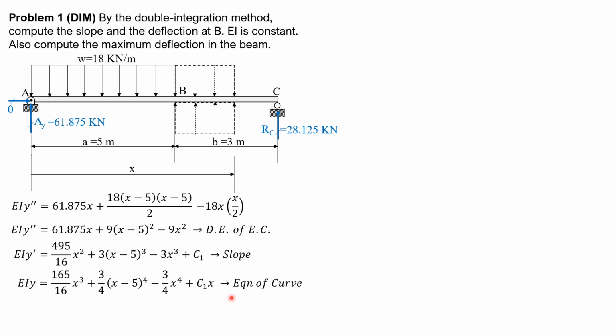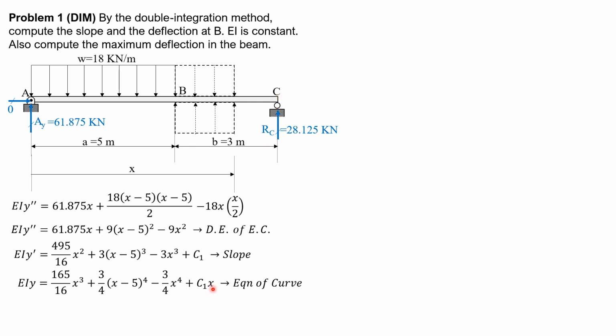Remember, the interpretation of c sub 2 divided by EI is the deflection at A, so it is 0. Or you can evaluate it: when x is 0, y is 0, so c sub 2 is 0. For the other boundary condition, when x is 8, y is 0.